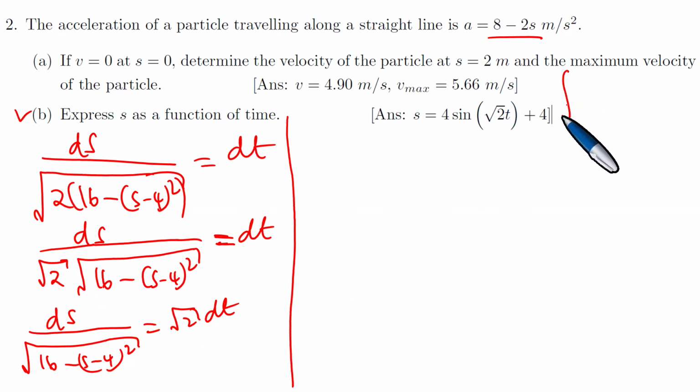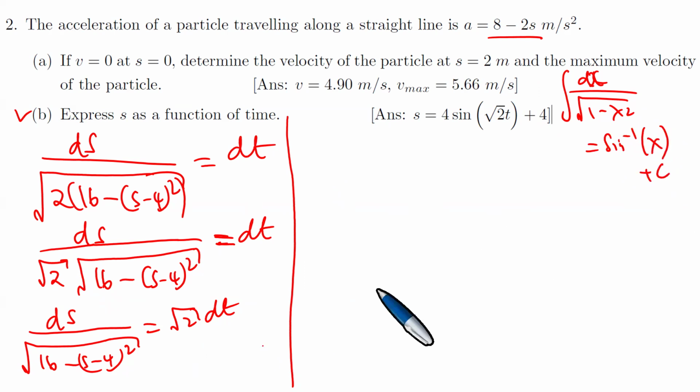Like I said earlier, from the calculus class, the integral of 1 over the square root of 1 minus x squared is arcsine x plus c. But now you would have to take out the 4 again, so that this becomes exactly a 1 minus.